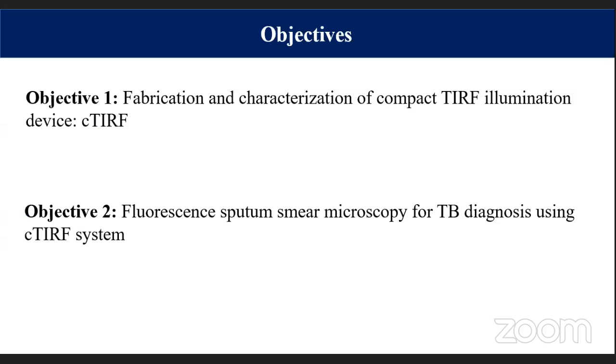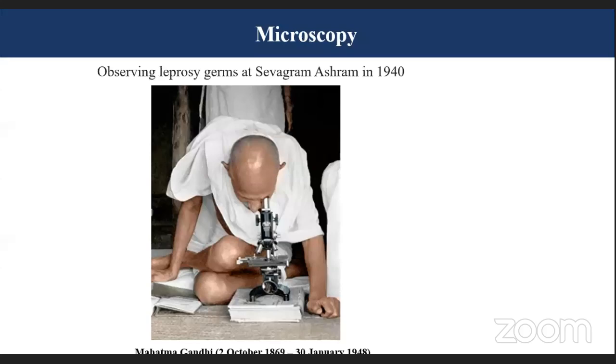The next objective of this presentation is fluorescence sputum smear microscopy, which is a traditional method for tuberculosis diagnosis, and how we are actually going to use this method for TB diagnostics. So let's take what is microscopy and how I ended up developing this particular module.